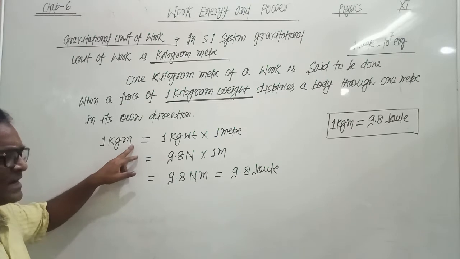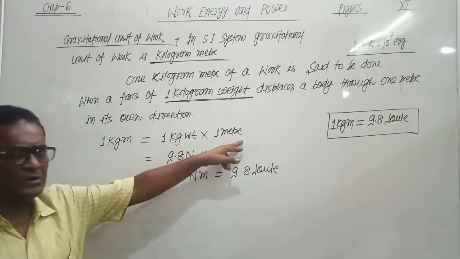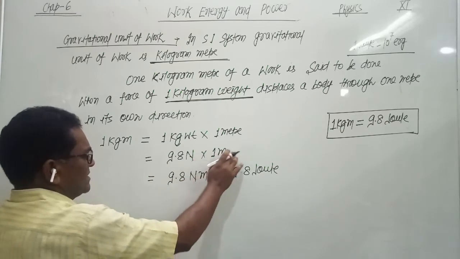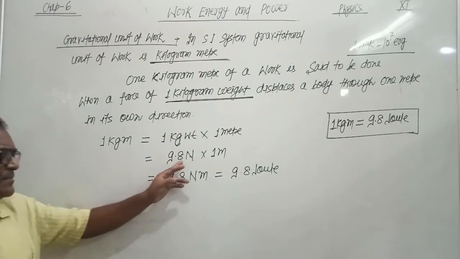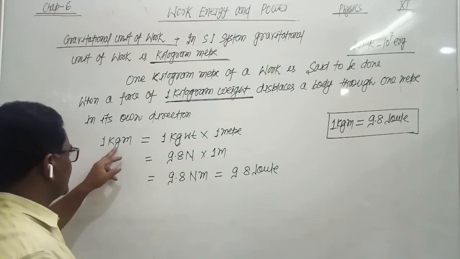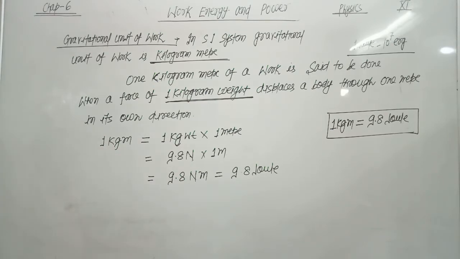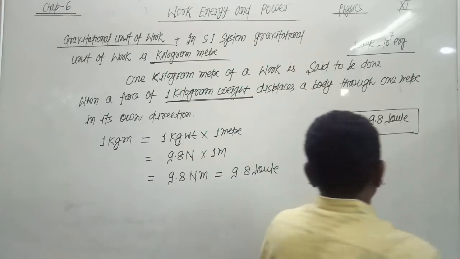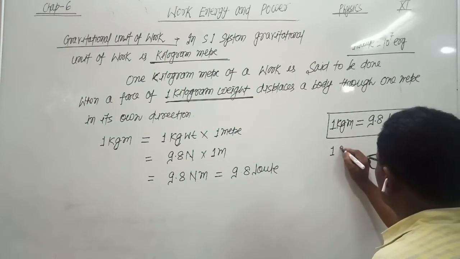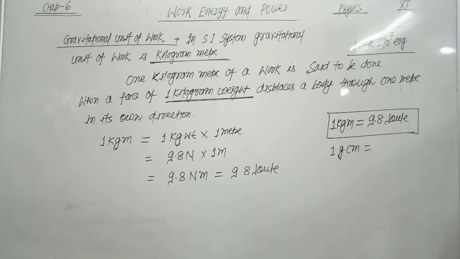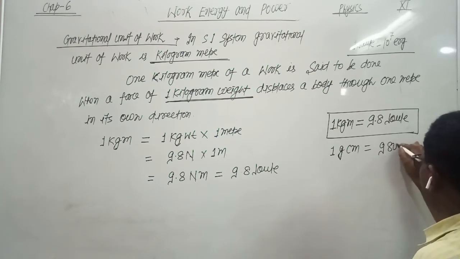And 1 gram centimeter work, converting kg into gram and meter into centimeter, is equal to 980 erg.